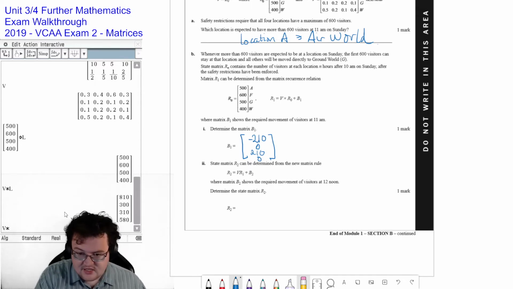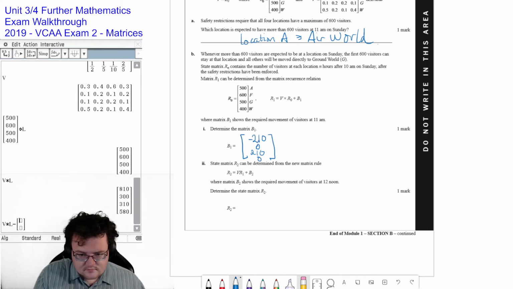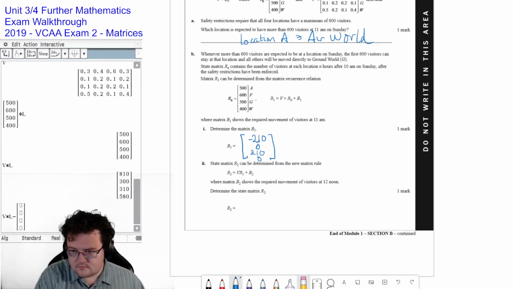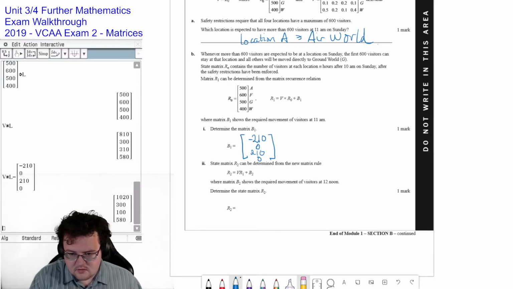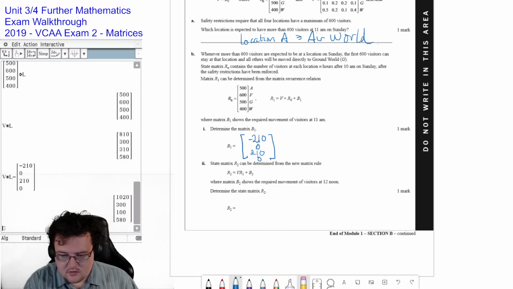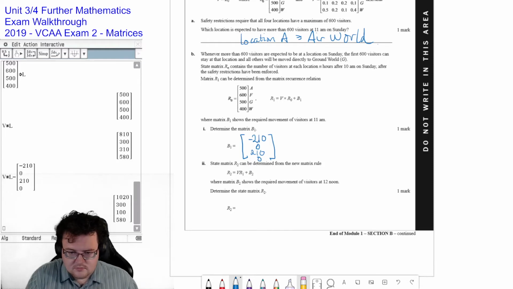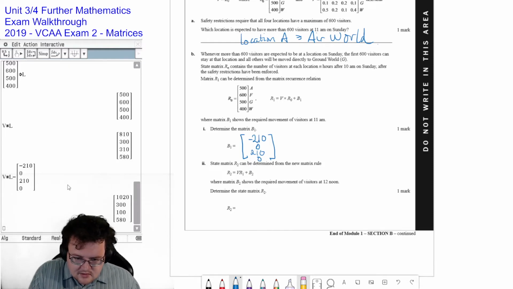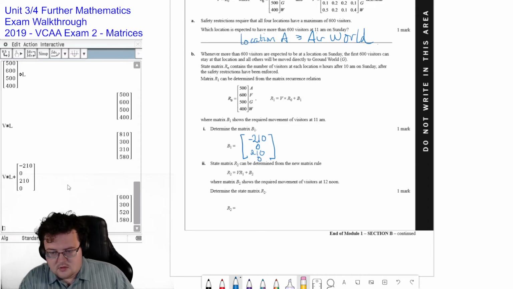So V times L minus 210, 0, 210, and 0. Silly me. No, not minus, plus. So that's the new R1.